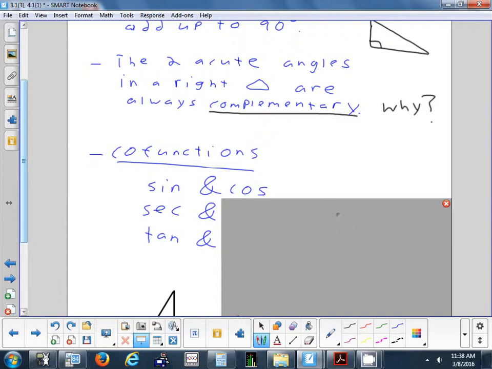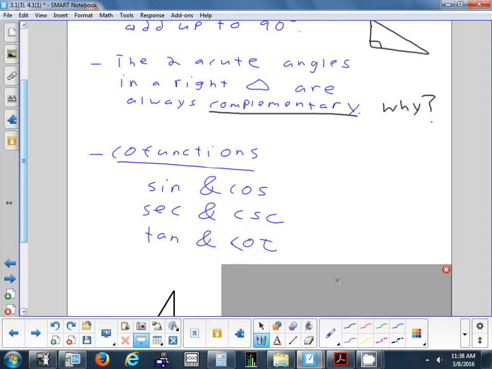So sine and cosine are cofunctions. How about secant? Cosecant. Put the word co in front of it, and it becomes cosecant. How about tangent? Cotangent. This one happens to be the same as what we've been doing all along. Tangent and cotangent are cofunctions, and they are reciprocals. You flip one to get the other. So these are your three pairs of cofunctions.